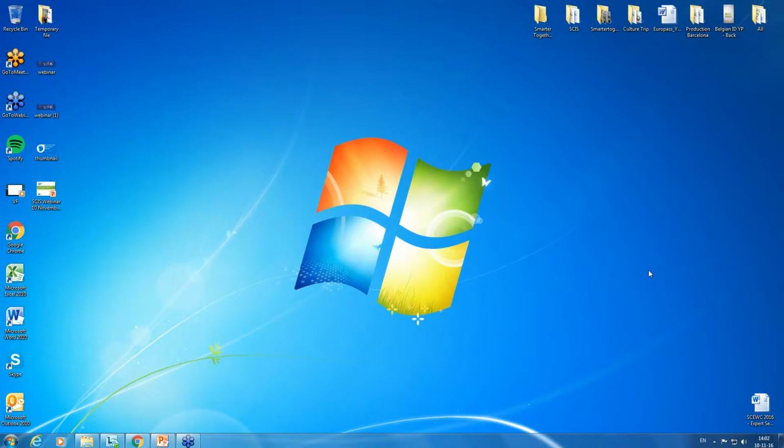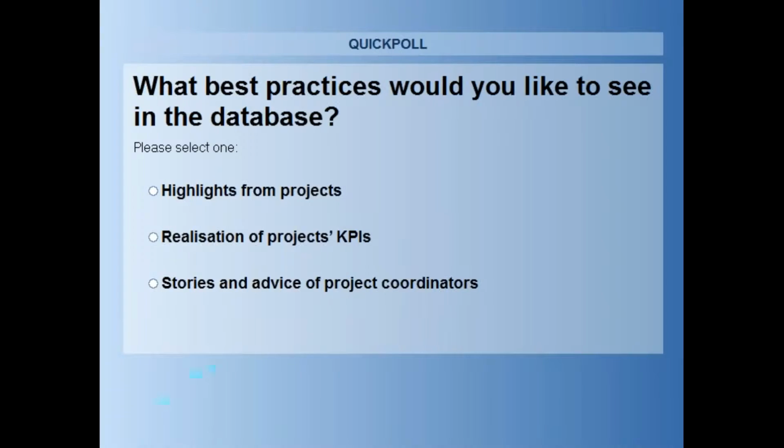The third poll, what best practices would you like to see in the database? The three options are highlights from projects, realization of project KPIs, and stories and advice of project coordinators.